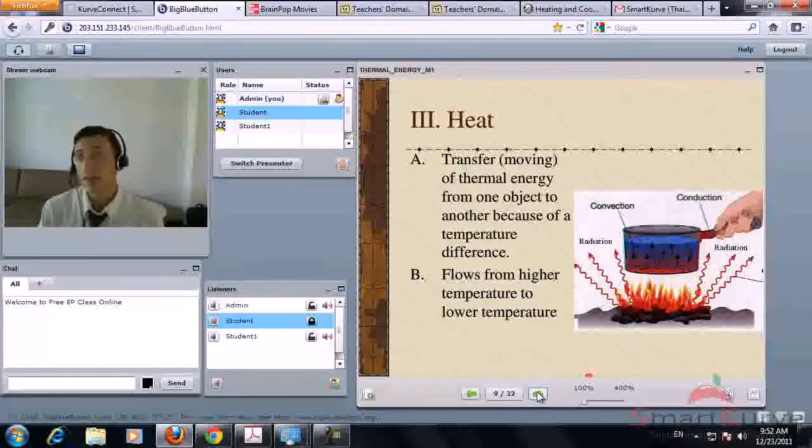Sometimes you might touch a hot metal pot or a hot metal doorknob, and you'll notice you'll pull your hand away because it's so hot. That's what you're feeling there, conduction. It's heat energy from that hot pan or the hot doorknob being transferred to your hand. So transfer from touching.